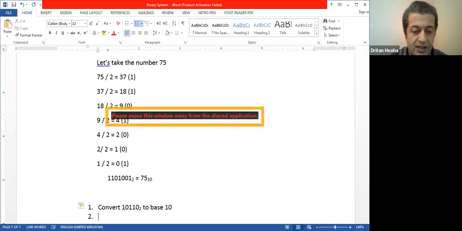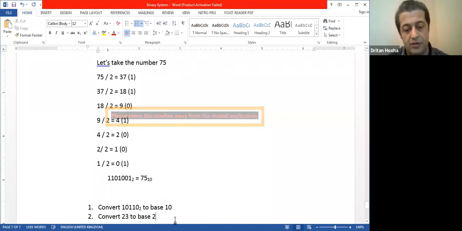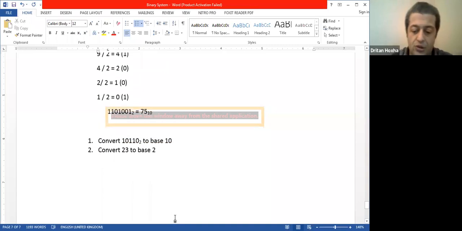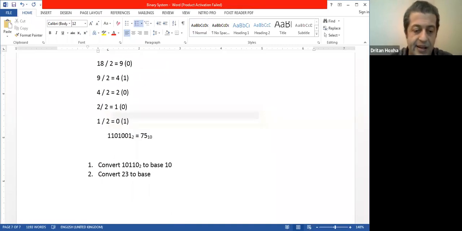And the second exercise, convert 23 to base 2. 23 is at base 10, obviously. Could you solve these two exercises and show me only the result?